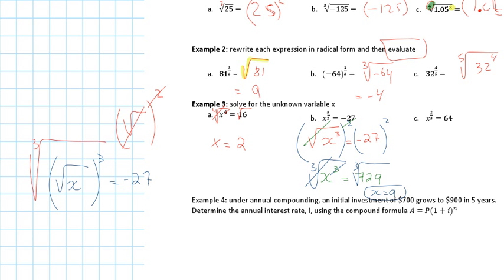Cube root, and that gets rid of the cube, and that's going to give you square root of x equals negative 3, right? And then the opposite of square root is square, so you square both sides, and that gives you 9, right? Either way is fine.